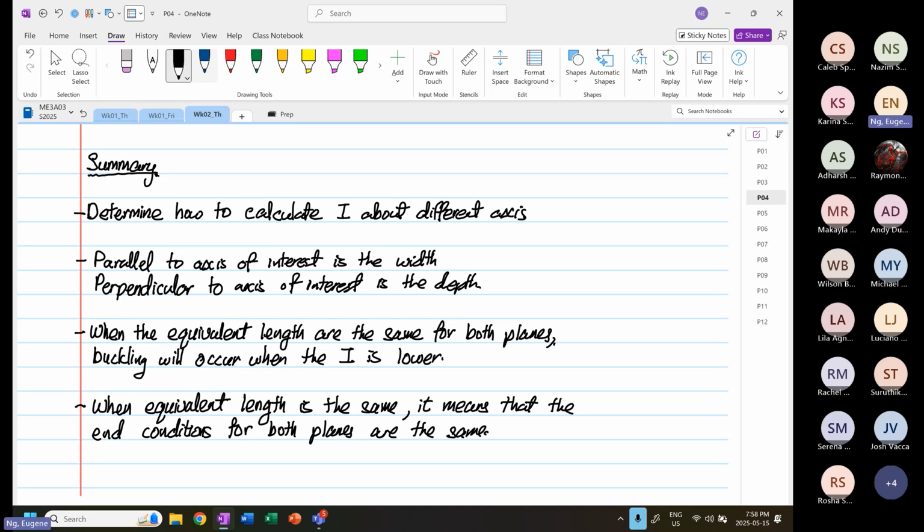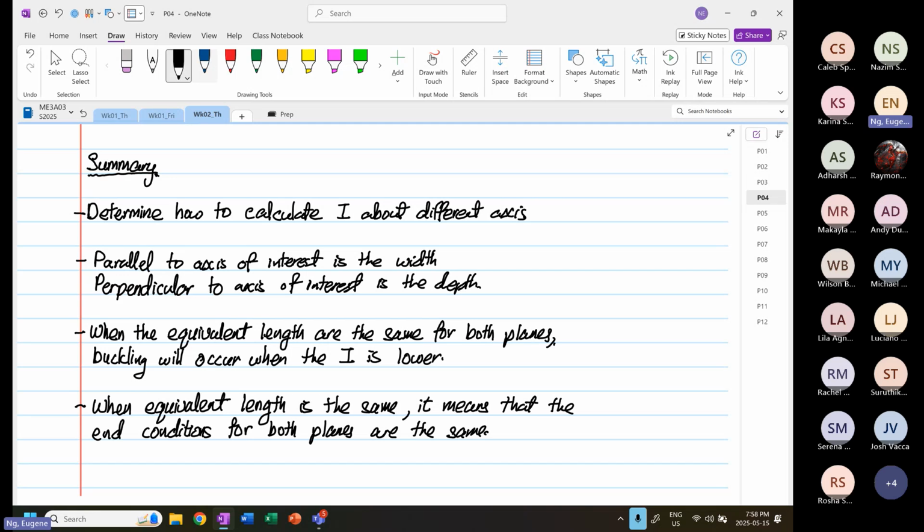So this is what we have learned. I'm showing you the example on how to calculate your second moment of area, and also when to use IYY and when to use IZZ.